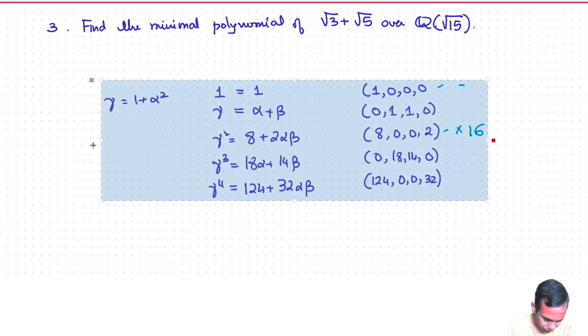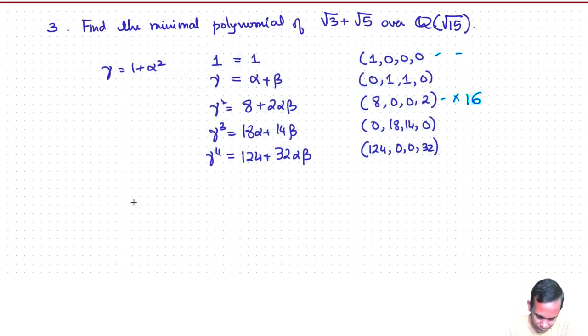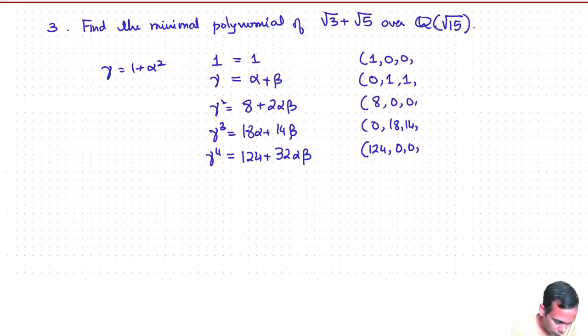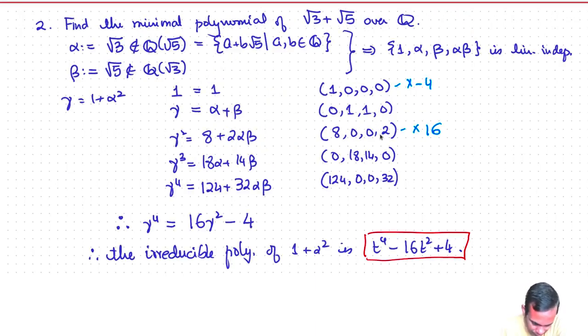Okay, so these are the calculations in Q, but now this alpha beta is part of the first coordinate, so we no longer have this third coordinate, and this rather fourth coordinate. And so what we are saying is that this is 1 0 0, this is, well, still alpha plus beta, but this was 8 plus 2 alpha beta.